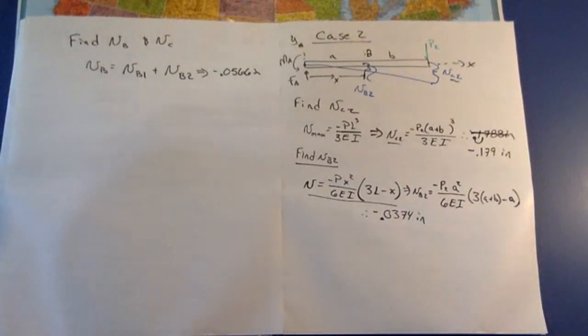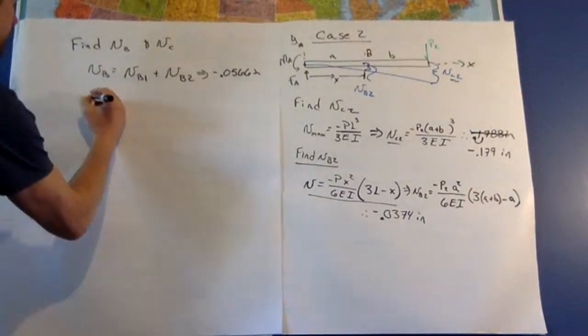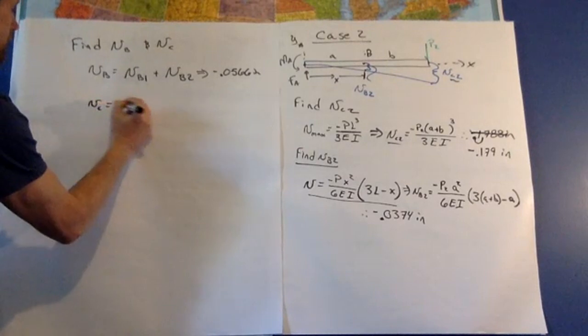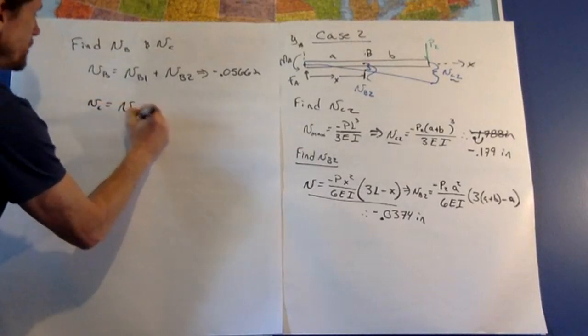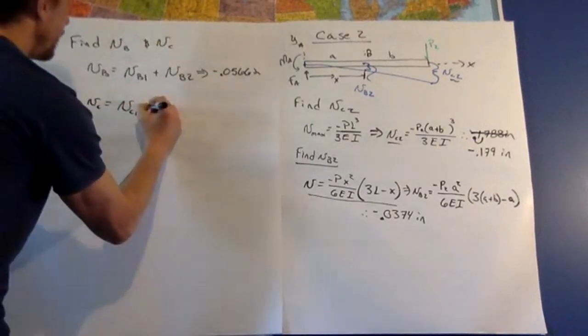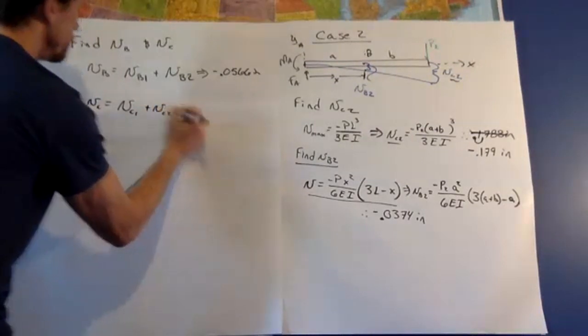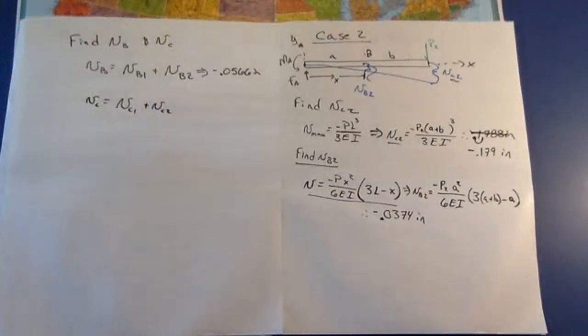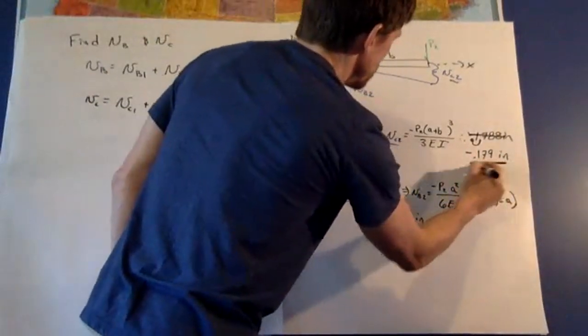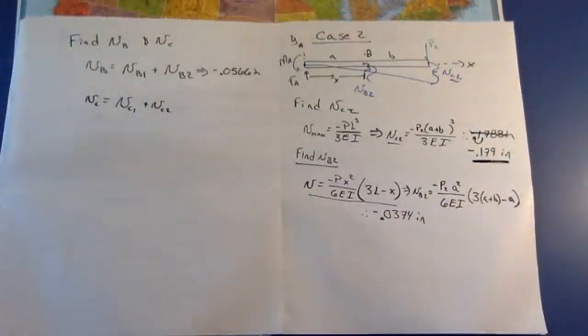But on the other hand, VC equals VC1, which we figured out, plus VC2. We know that VC2 went up a lot due to P2.